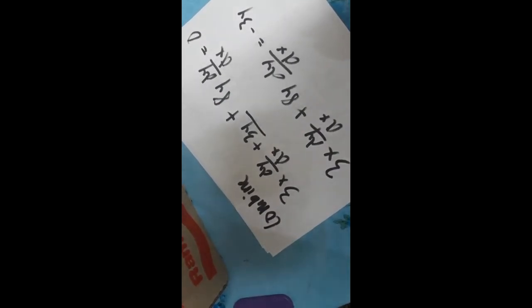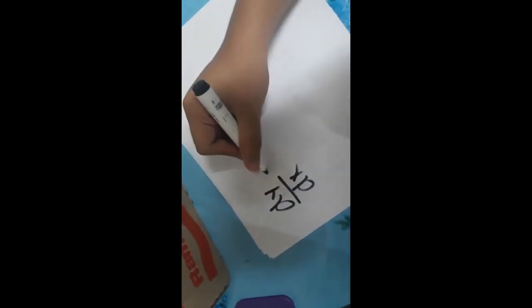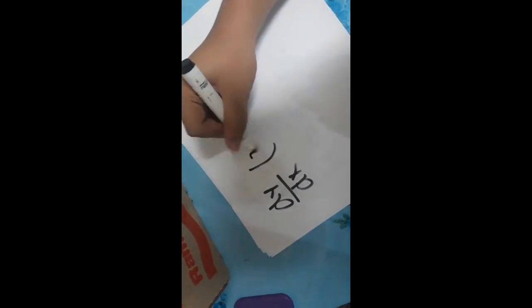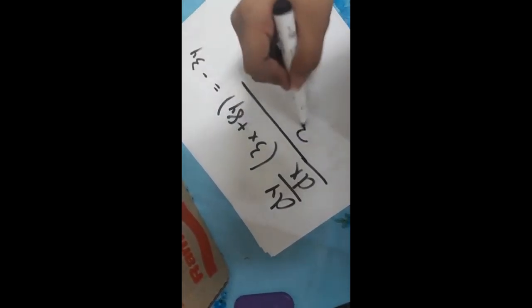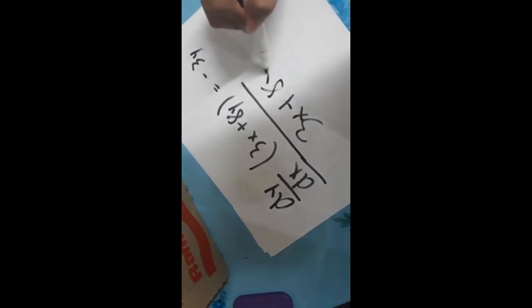The next thing we will do is factor 3x dy over dx plus 8y dy over dx. So we'll have dy over dx times 3x plus 8y is equal to negative 3y. To get the value of dy over dx, we will divide both sides by 3x plus 8y.